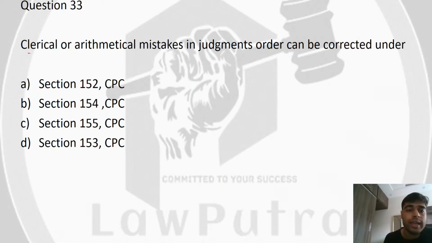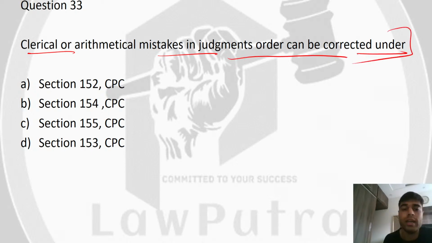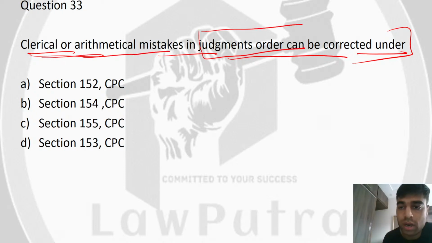then again, clerical and arithmetical mistakes in judgments and orders can be corrected under this. We had just done clerical and arithmetical mistakes in judgments and orders, okay, not in the plaint.